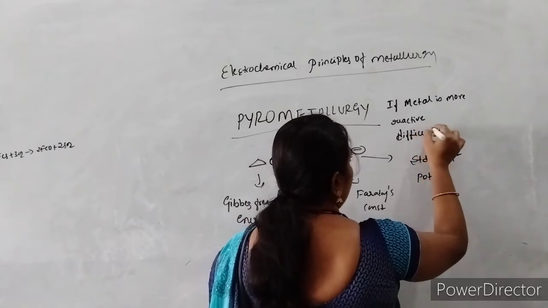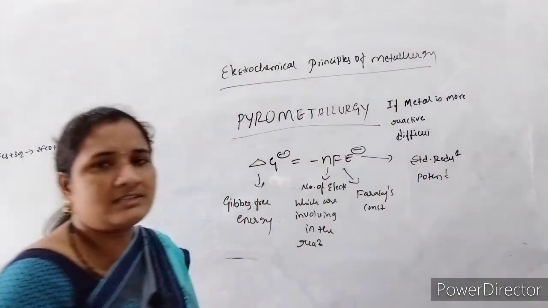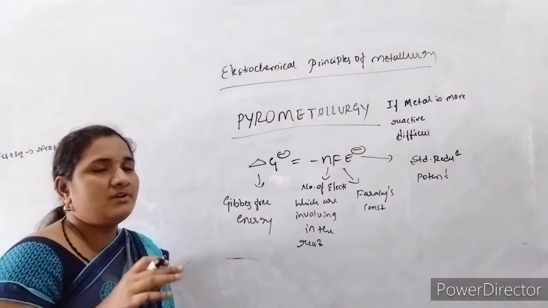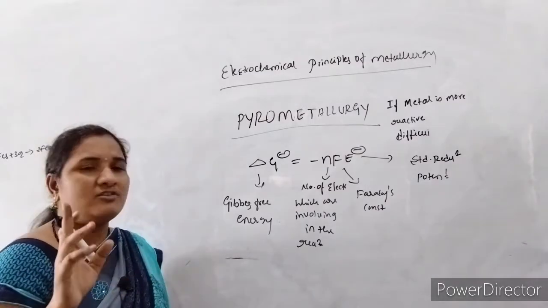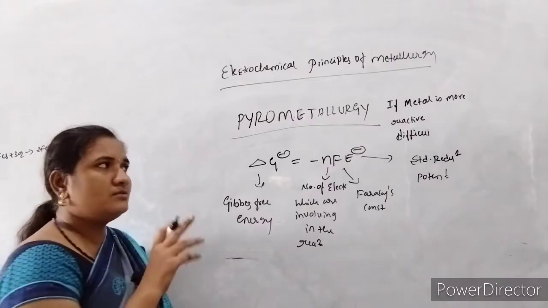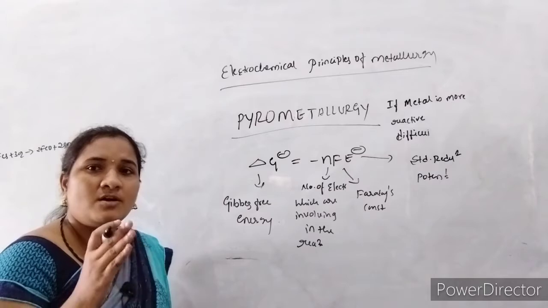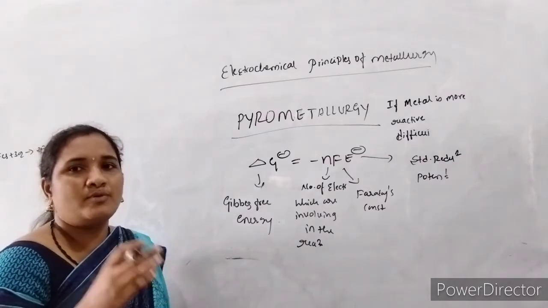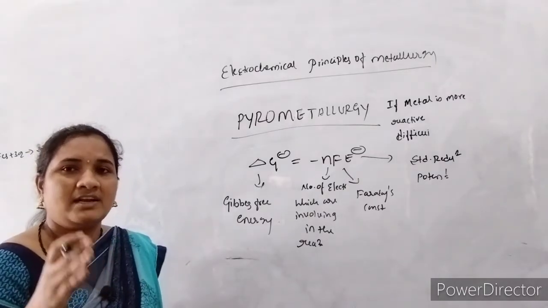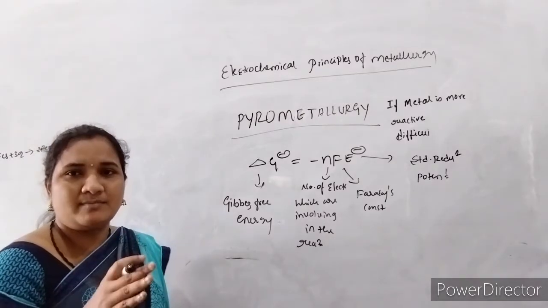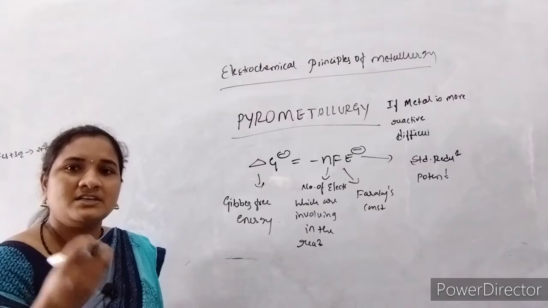Vice versa, if the metal is less reactive, it is easy. So you have to remember this: if a metal is more reactive, it has a more negative electrode potential, which means it is very difficult to reduce it. If it is less reactive, it's not difficult.